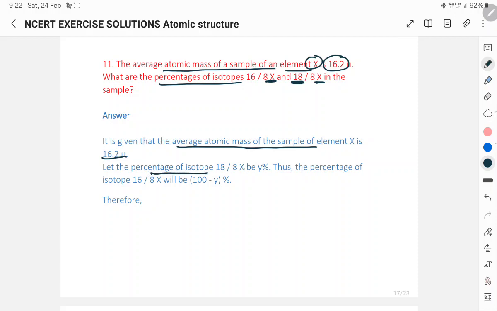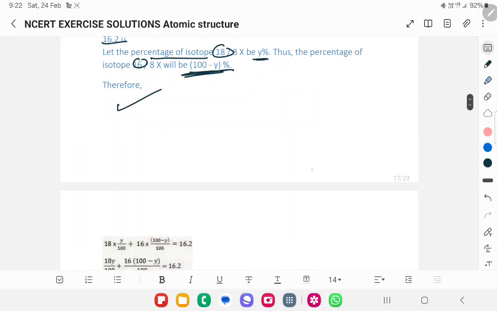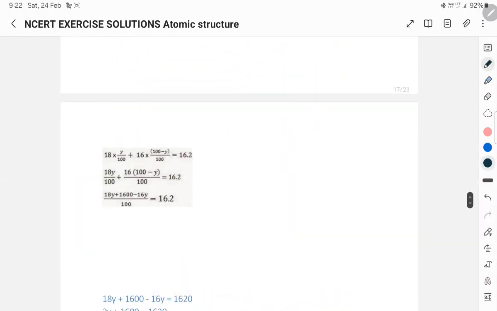Let the percentage of the first isotope, with mass number 18, be Y%, and mass number 16 be 100 minus Y%. Therefore, we write each mass number into its percentage, and this is equivalent to its average atomic mass. On solving this mathematically, we will get the answer.